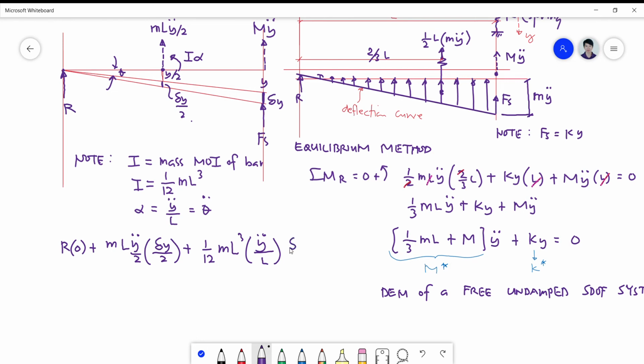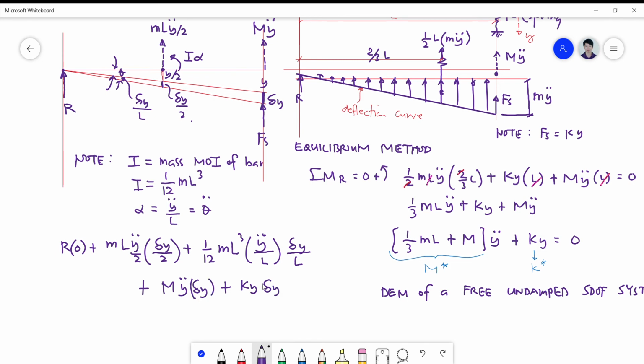Since this is now a delta y, the virtual angular rotational displacement is now delta y over L. Okay, so this is delta y all over L. And then we have to add, of course, your mass multiplied by y double dot multiplied by delta y plus your spring, which is k y multiplied by delta y.